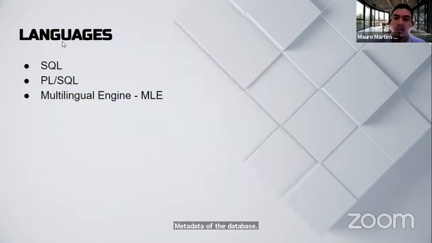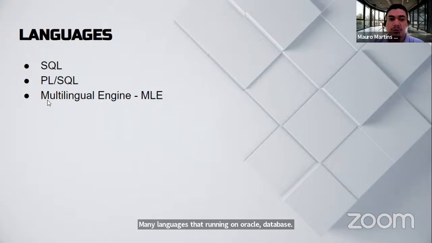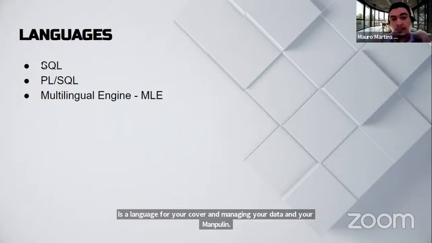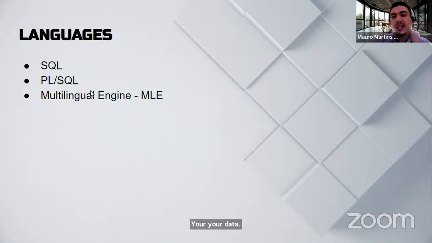Languages. You have many languages that run on Oracle database. You have SQL, PL/SQL, and multilingual engine. SQL is a language to retrieve, manage, and manipulate your data. PL/SQL is a programming language for the database.